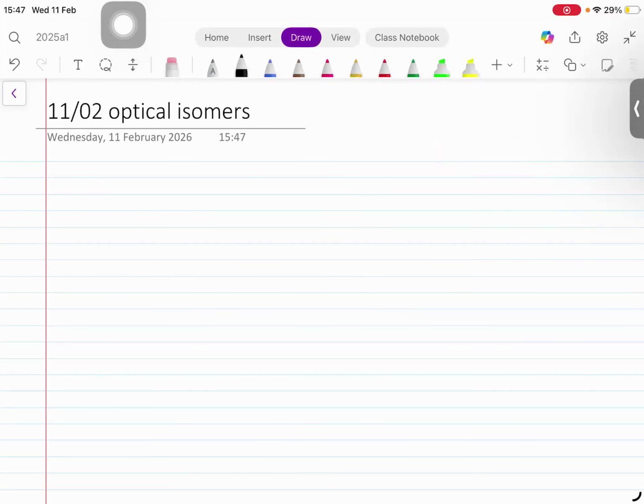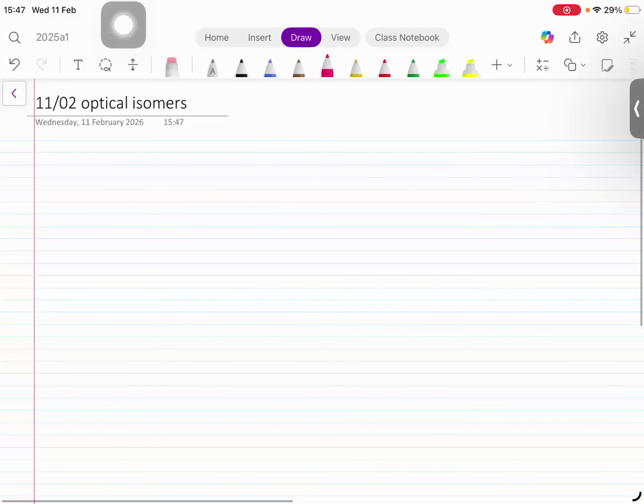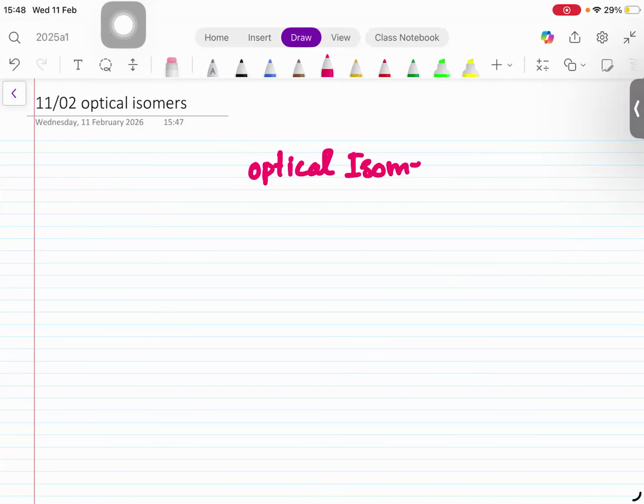All right, we're going to continue with optical isomers, and we are going to draw the optical isomers today and see what the difference is. Just a quick review of what we did in the last class: we did optical isomerism.